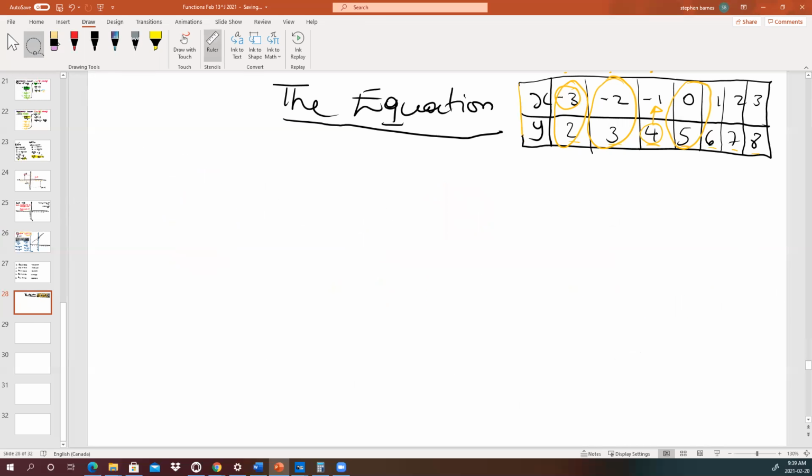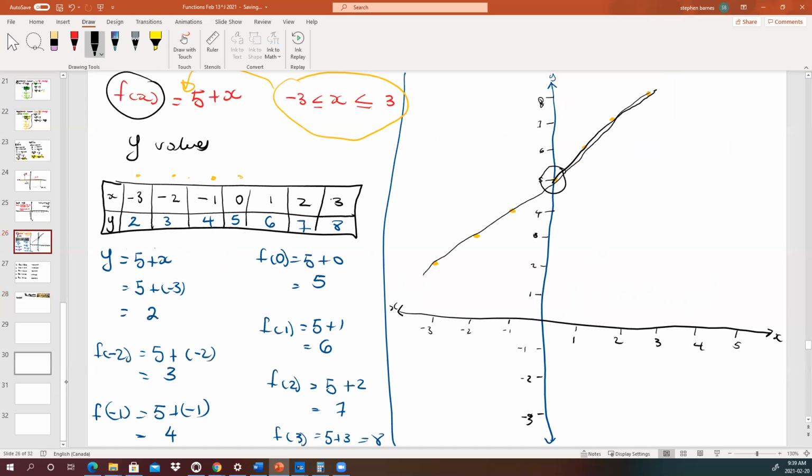All right, so let's talk about our gradient first. Gradient is a measure of the slant of your line, right? So when you plot this graph, for example, it looks like this. It's slanted that way.